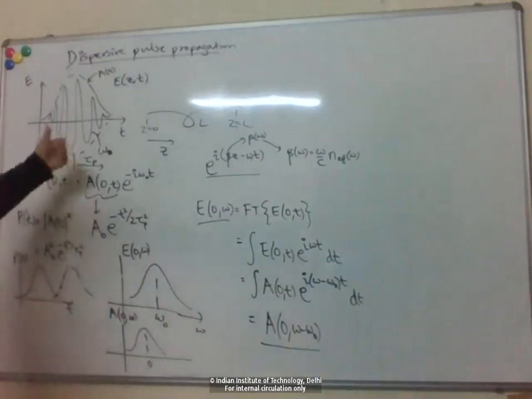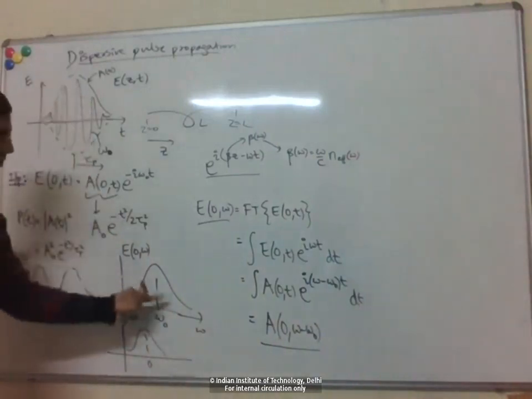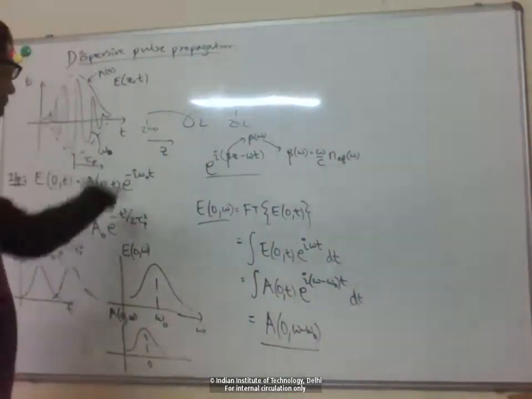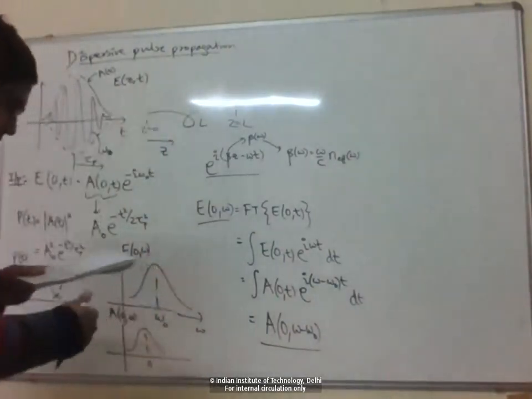But anyway, for any time domain signal, we have a temporal waveform and a corresponding frequency spectrum. Similar case here, and we'll see how each of these is changing due to dispersion.